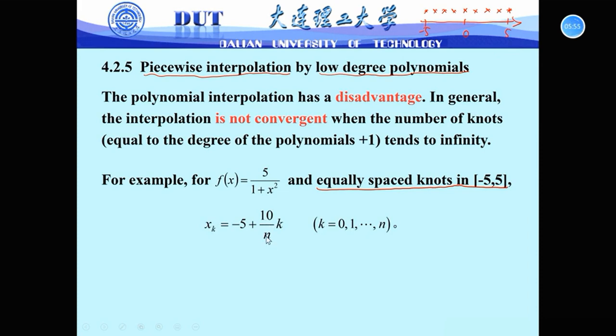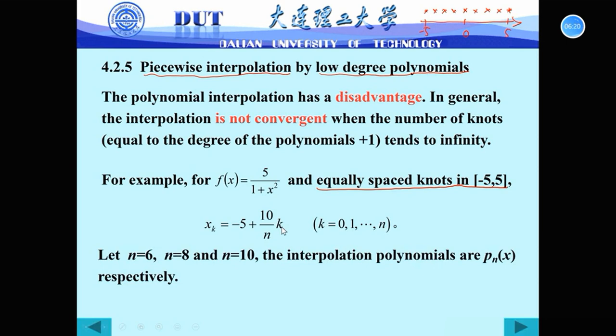Because we have n plus 1 nodes, we have n segments. Each segment has length 10 over n. So x_k equals -5 plus 10 over n multiplied by k.